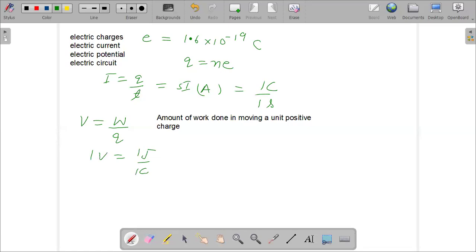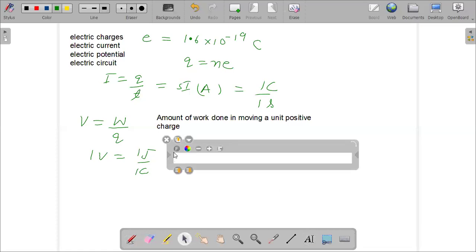Arav, can you define 1 volt? Sir, amount of work done per unit. Yeah, so what is 1 volt?